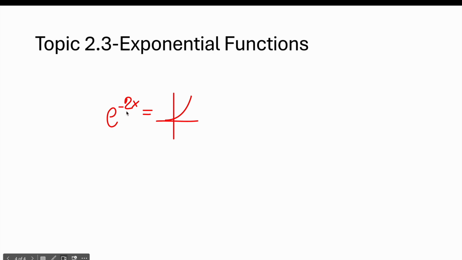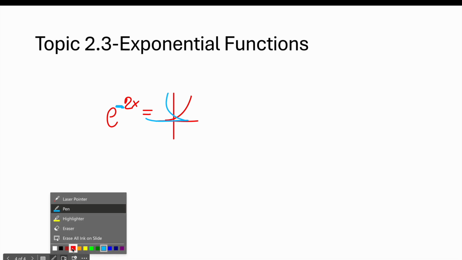Sorry, that was a mistake. e to the power of negative 2x, then you just flip it that way. You flip it across the y-axis. Sorry guys, got a little confused there. But I hope we're getting a hold of this topic.